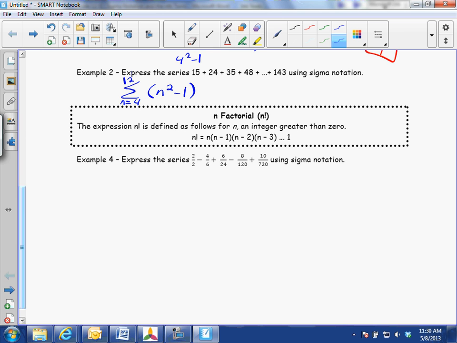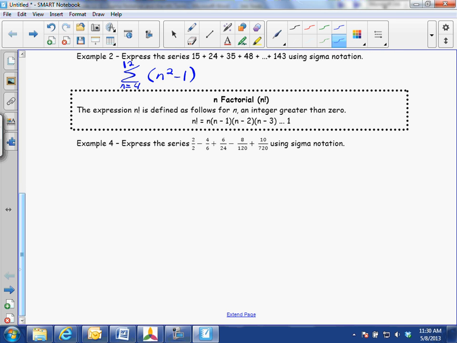Alright, n factorial. I know it looks like an exclamation point, like, woo! n factorial is defined as follows. n factorial just means take itself times the number below it, times the number below that, and the number below that.